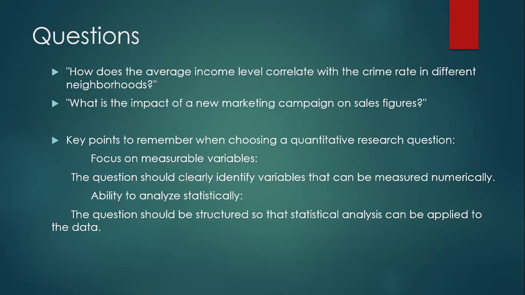The question: how does the average income level correlate with the crime rate in different neighborhoods? So just thinking about this, why do you think this would be a good question to use for quantitative?